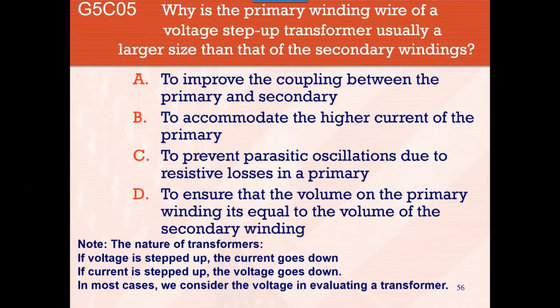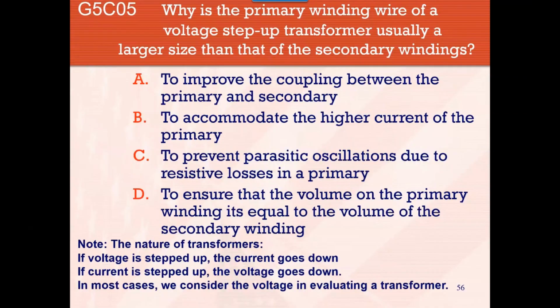The primary side normally would be the controlling side. For example, if we were using household voltage, we put 110 volts in on the primary winding. And then on the secondary winding, we would see a voltage come out of that. And the amount of voltage will be determined by the number of windings on the transformer.